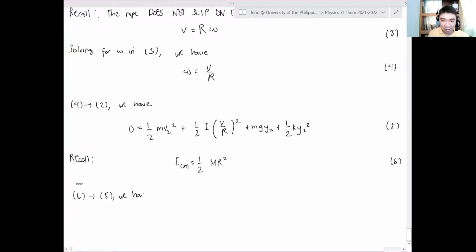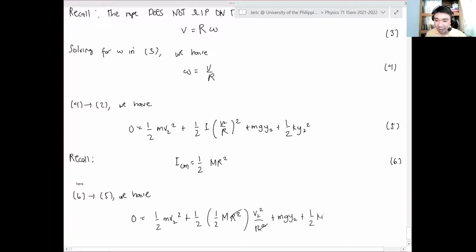We have 0 again equal to 1/2 m v2 squared plus 1/2 multiplied by 1/2 capital M R squared, where capital M is again the mass of the disk or the pulley, times v2 squared over R squared, so the R squared will cancel, plus m g y2 plus 1/2 k y2 squared. So this is equation 7.